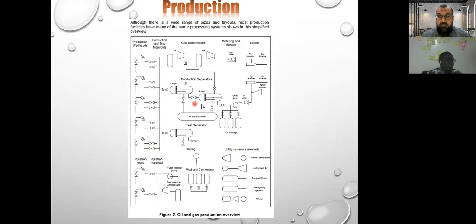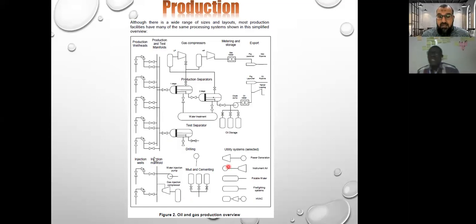Then the second stage in this production facility, they will go with some separation to separate the produced oil from unwanted material like water or gases. So there is a separator to separate the oil from water or from gases. The gases go to gas compression, from high pressure to medium pressure to other pressure, and the water goes to the next step.